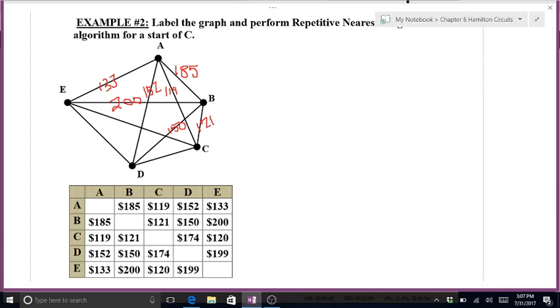C to D has a weight of 174. C to E has a weight of 120.